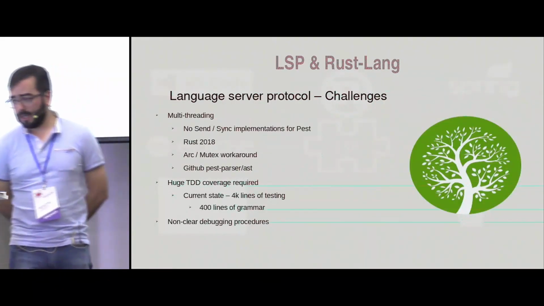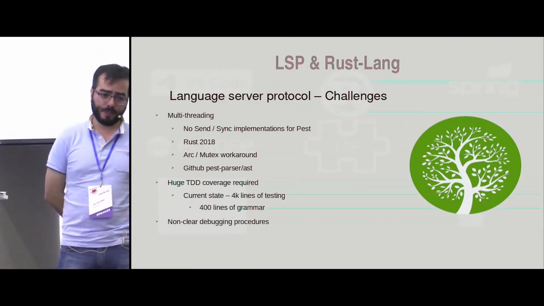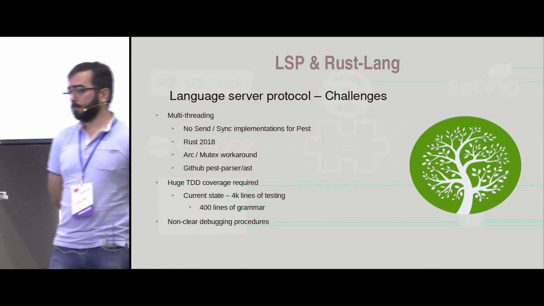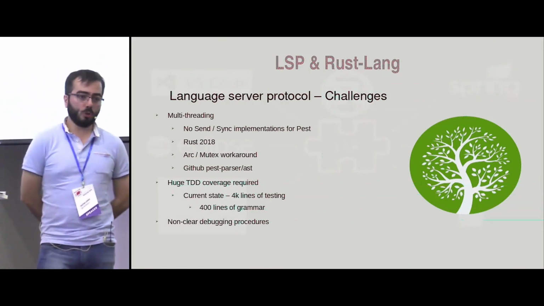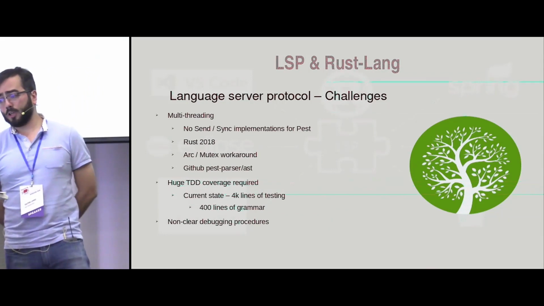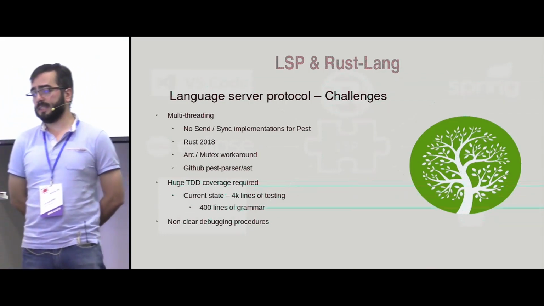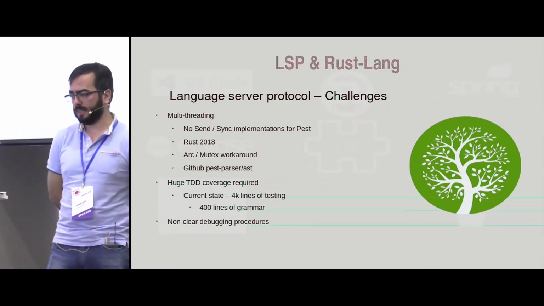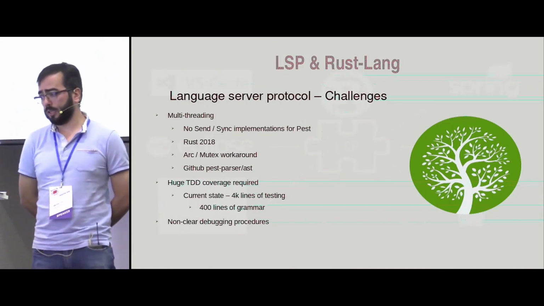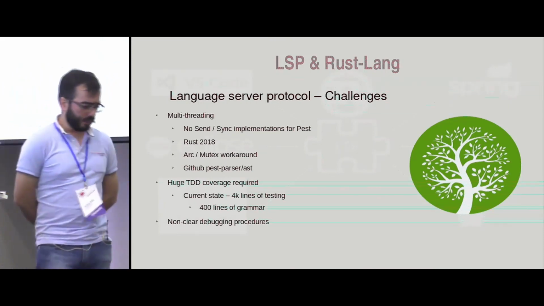The challenges of using this Pest framework that I faced. I have the multi-threading problem. Most of the things with the language server are asynchronous. And unfortunately, we don't have the Send and Sync implementations for Pest in the current state. I honestly expect this to be implemented with the Rust 2018 new features.